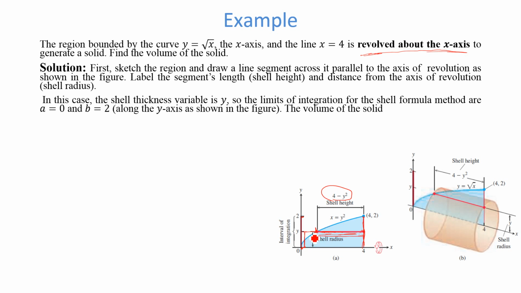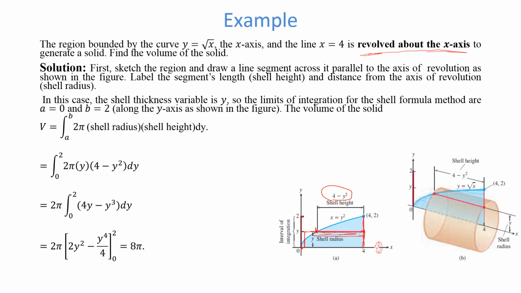This is y square, because this point lies on the curve. So 4 minus y square is the shell height. Shell radius is y. So the rest is just plugging in the values in the formula. And y varies from 0 to 2, so a and b are 0 and 2 respectively. By solving this integral, we have volume equal to 8.